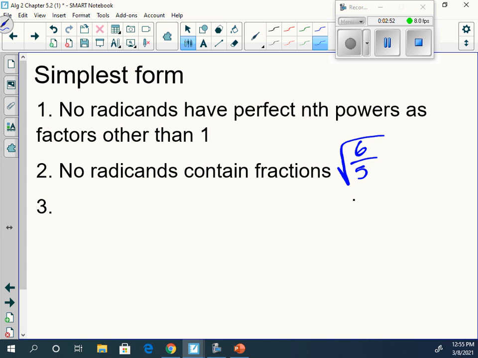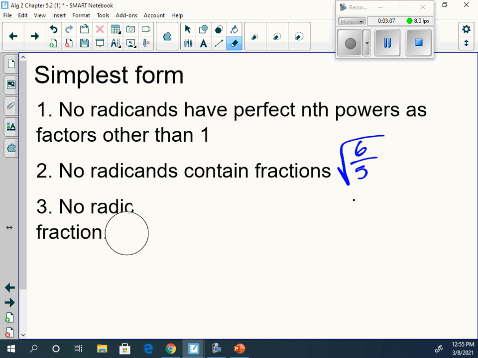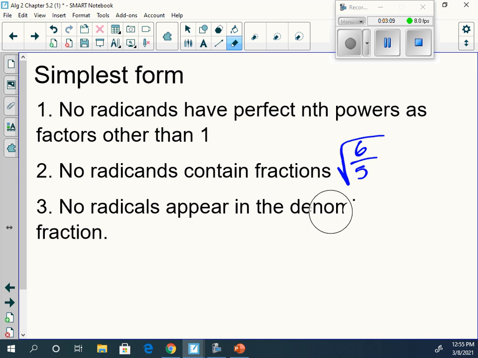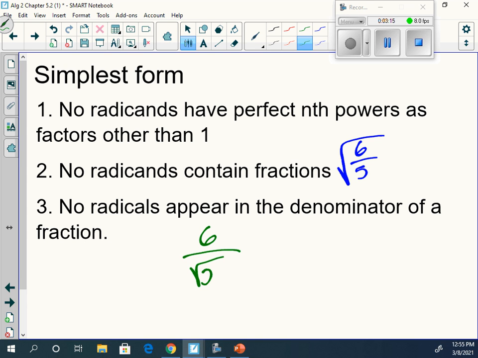We can't have a fraction inside the radical. And no radicals can appear in the denominator of a fraction.